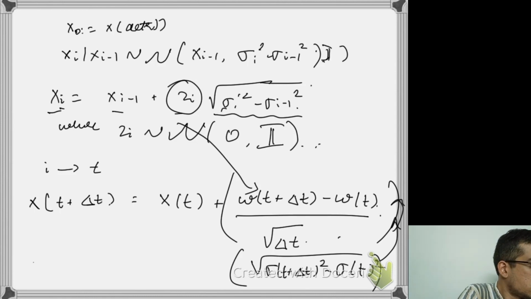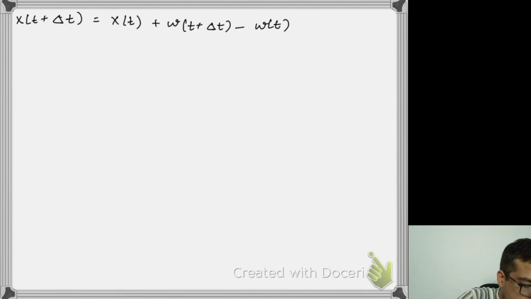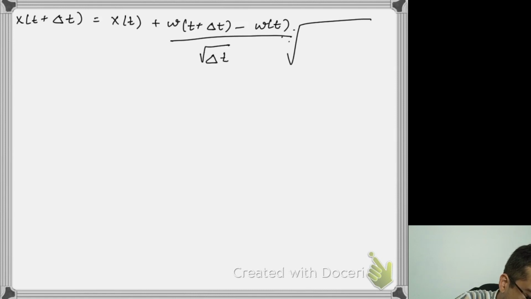So I can rewrite it: x of t plus delta t equals x at t plus w at t plus delta t minus w at t over the square root of delta t, times the square root of sigma t plus delta t squared minus sigma t squared.